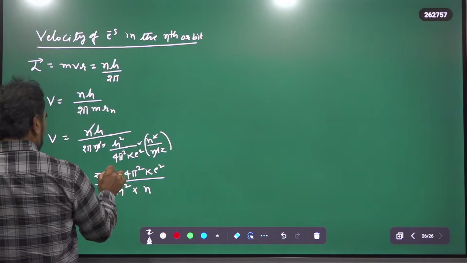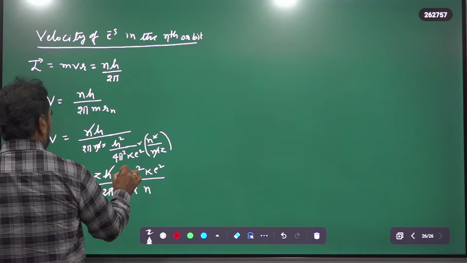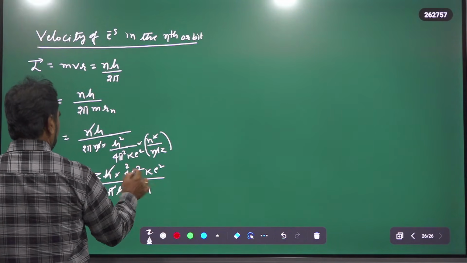So one h square will get cancelled out, and the 2 pi and 4 pi square simplify; one pi remains.